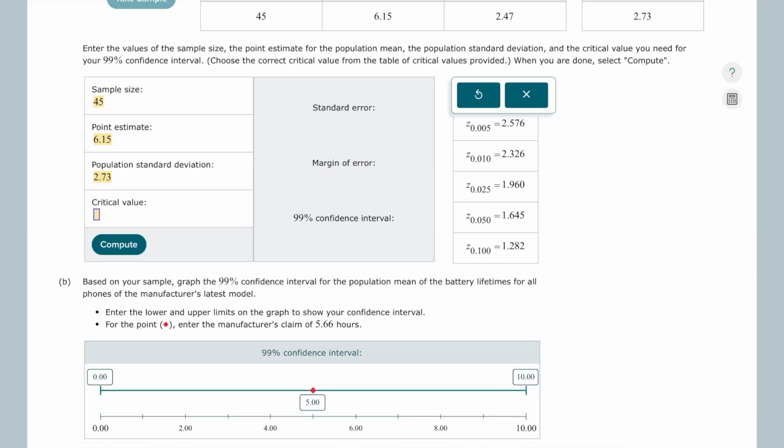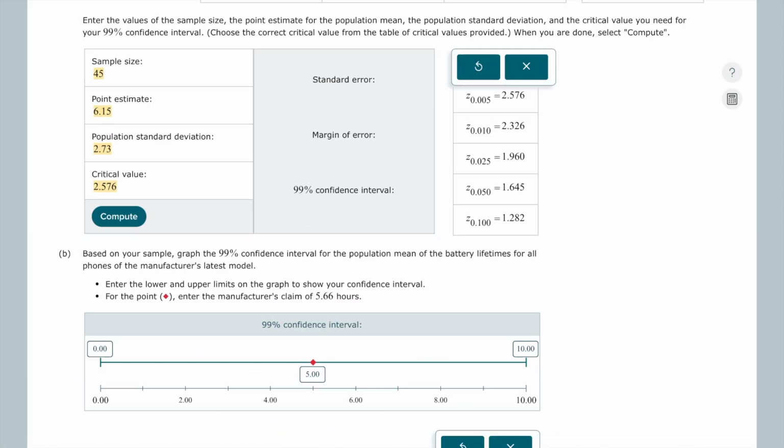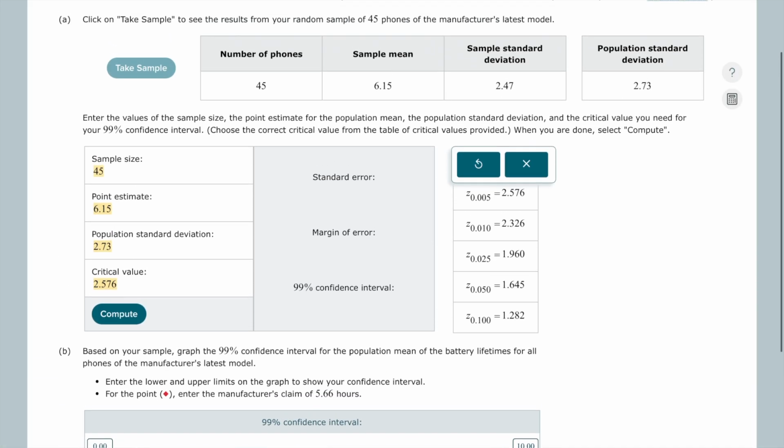If there's 99% on the inside, that means there's 1% on the outside. So there's 0.5% on each side, right? So this is that 0.005. I'll write that formula out in just a second. But again, 99% on the inside, so that's 1% on the outside. So there's 0.005 on each side.